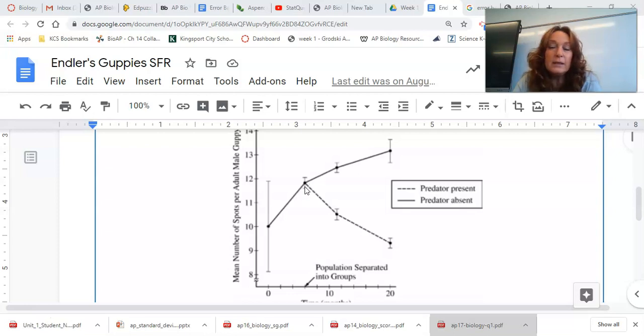But what we could have said is that there's no significant difference in the number of spots between 0 and 6 months. It's prior to the actual split, and here's the reason why that matters.